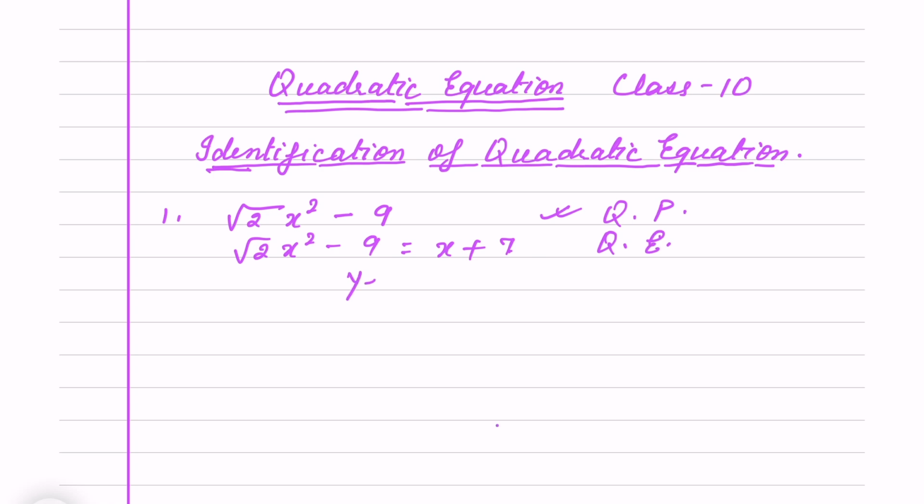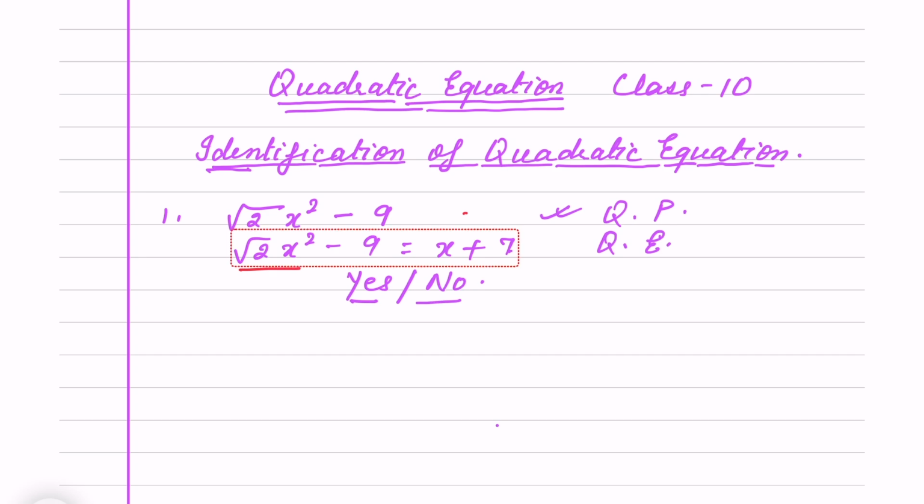Yes or no? Tell me quickly. Some say yes and some say no. My question is, why no? Why is this not a quadratic polynomial or not a quadratic equation?